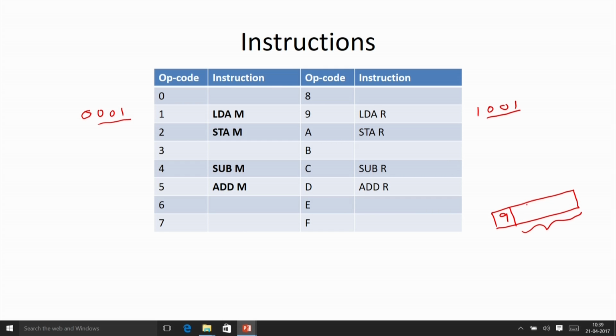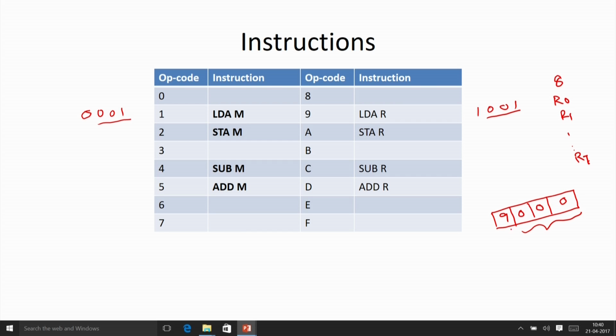Generally, as I have already mentioned, the number of registers is very limited. If I have only 8 registers, say R0, R1 to R7, then we do not require the 12 bits. These are do-not-care bits, so I can keep them all 0, and along with that I give the register number.